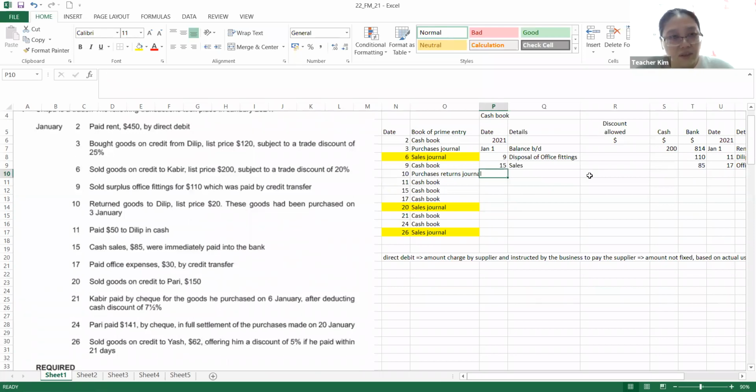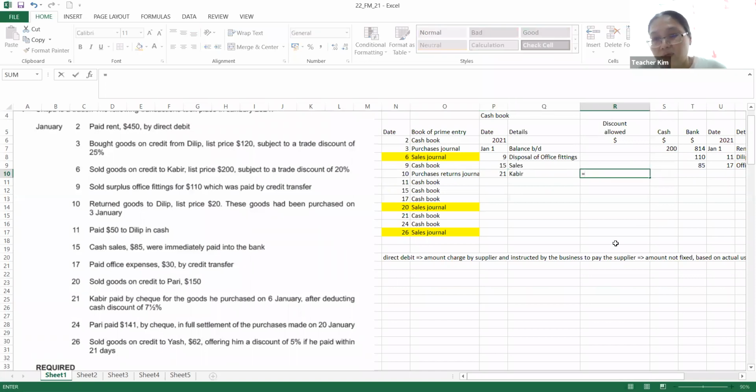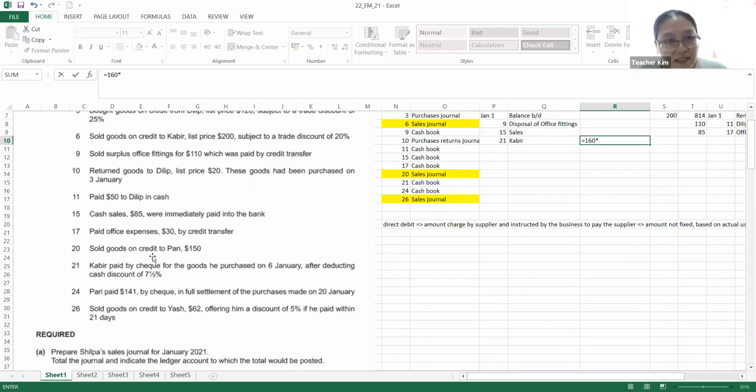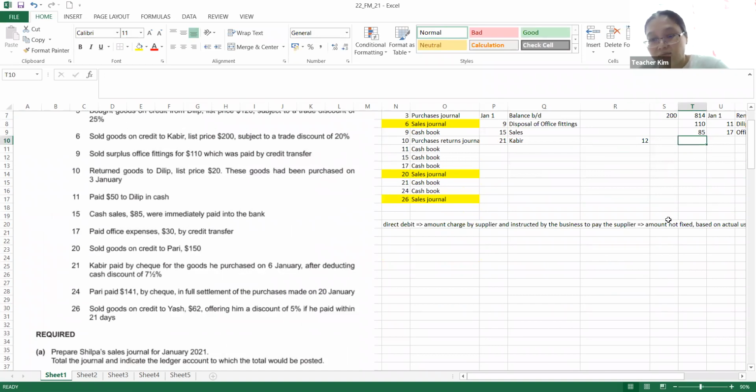Okay, so here on 21st, Kabi. The amount that we're going to take is 160 times 7.5%, because he gets the cash discount. So this is 12, and then the paid by check is a bank. So 160 minus 12. So this is the amount that he paid.